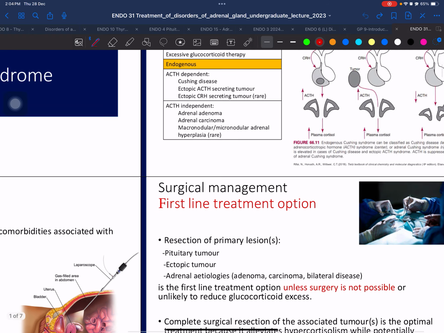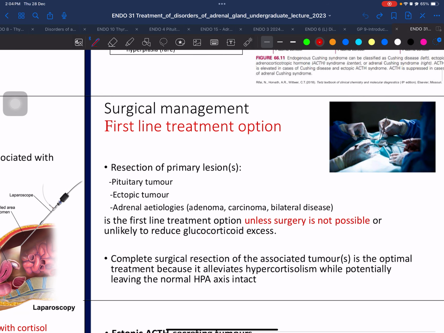Of course, surgery is not possible in a variety of conditions. The patient is unstable, the tumor is dangerous, or it impinges on some important structures, for example. Or if it's unlikely to reduce glucocorticoid excess, but this is always the first line treatment.